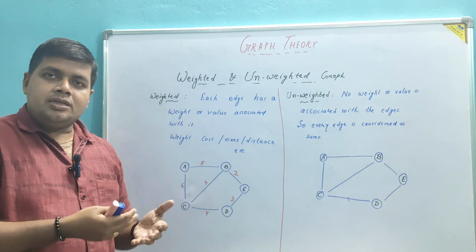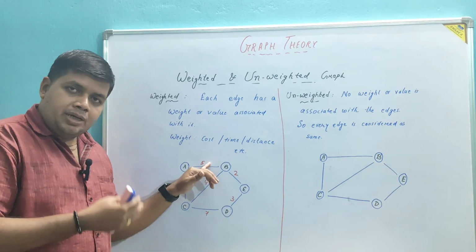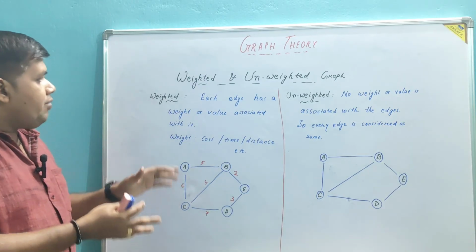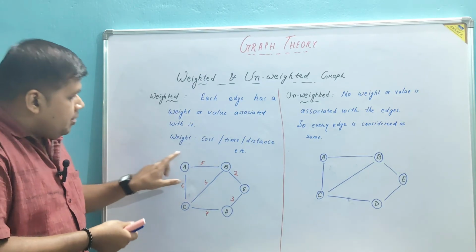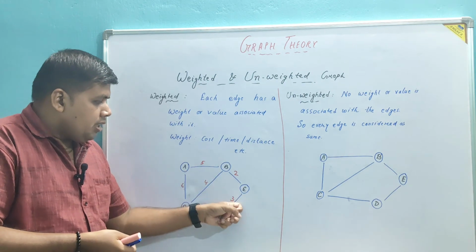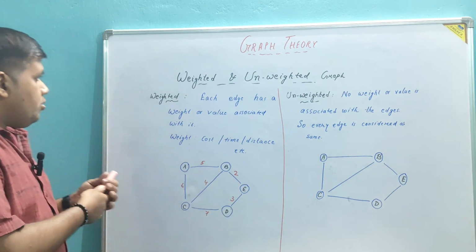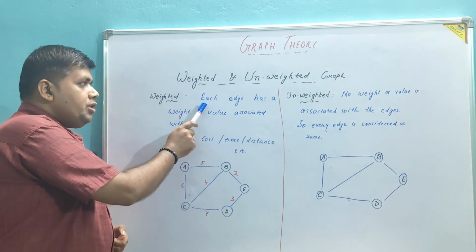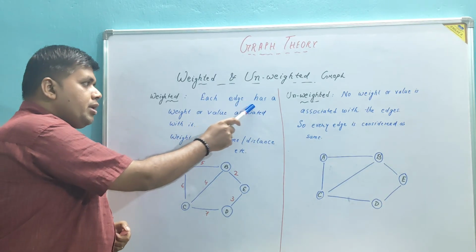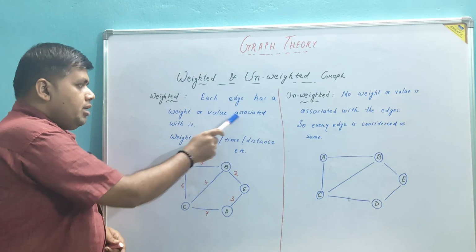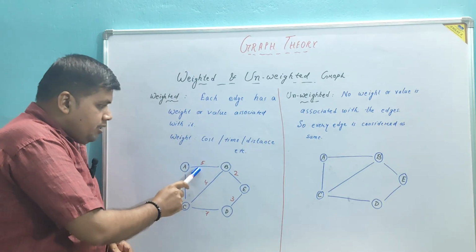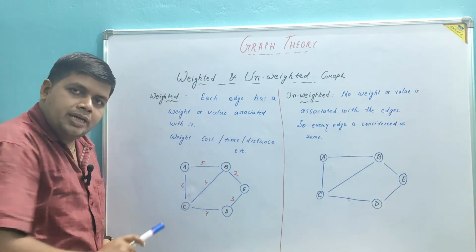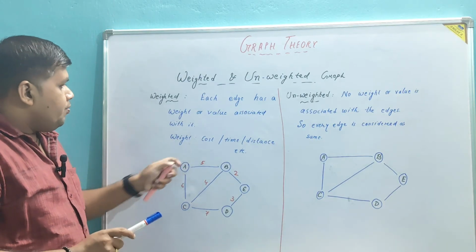It can be time, it can be cost, it can be distance, whatever it is that is associated with a particular edge. So a weighted graph is nothing but a graph in which each edge has a weight or value associated with it.